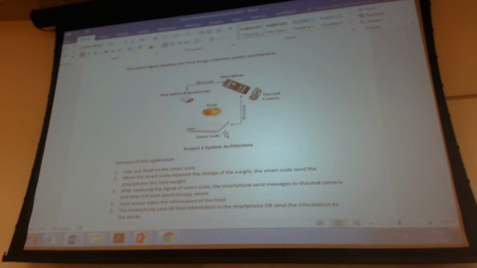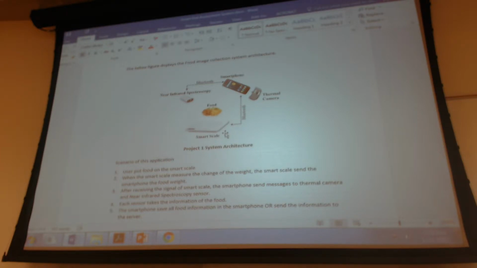Right. So that part is easy. Then the second part, which is also easy, is that after collecting the data you need to send it to a server and put it in the database. That is also easy. The third part is the most interesting part.